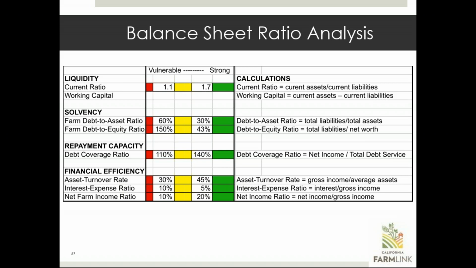Solvency ratios, there are a couple listed there, relating your total liabilities to your total assets, as well as debt to equity. There are some ranges there showing you what would be a weaker ratio versus a stronger ratio. I'm not going to go into a lot of detail here, but I encourage you to look into those.